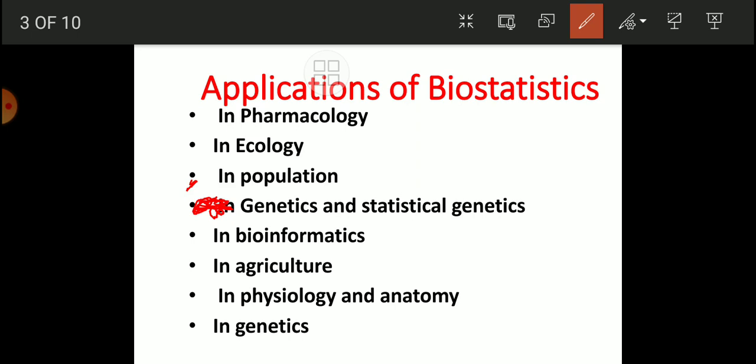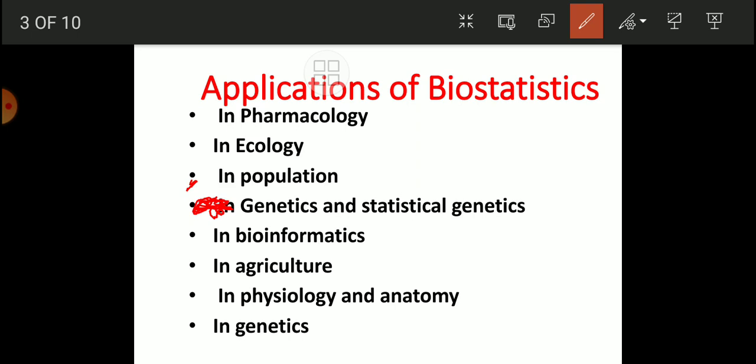So we have taken only the seven branches which are related to our botany subject, and there we have to use biostatistics methods or techniques to come to an inference or conclusions. Pharmacology is there.